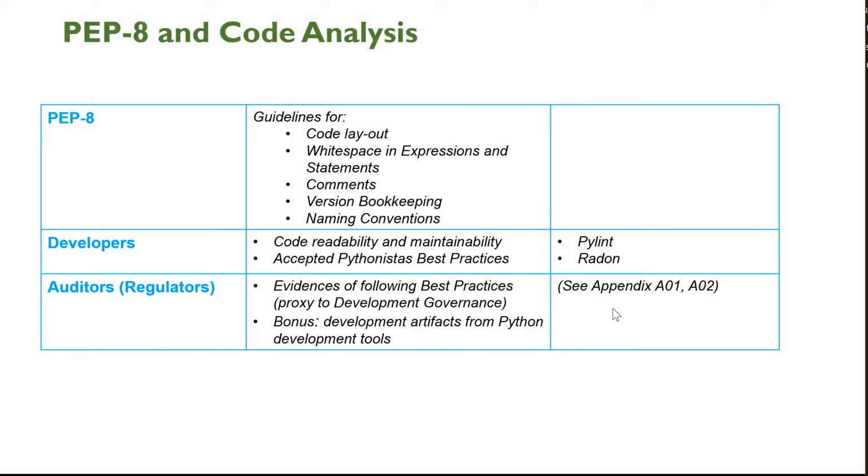And you can see here later on during the demonstration that I have put in some of the artifacts that I get from these tools in these two appendices, 01 and 02.